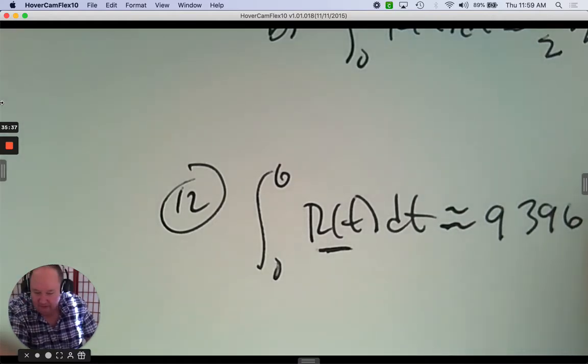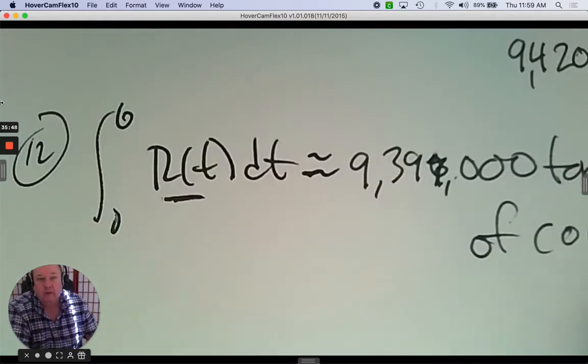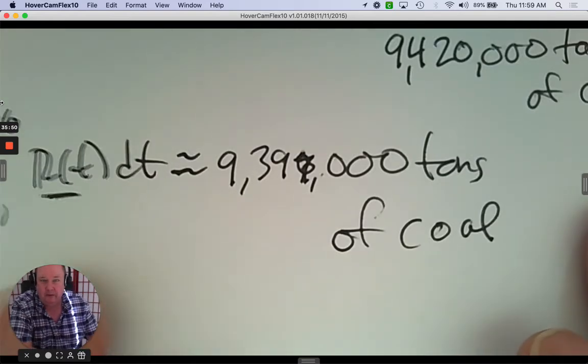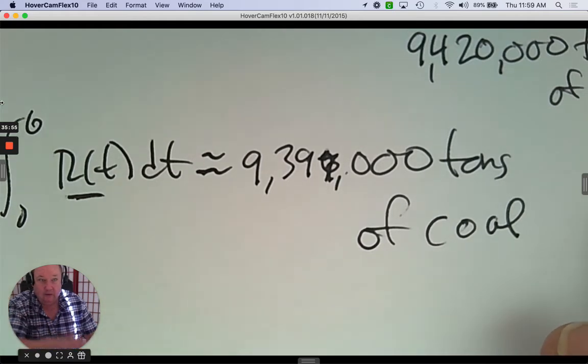And if it's to the nearest 1,000, it'd be rounded up, so it'd round up to 7. So it'd be 9,397,000. And that's how many tons of coal there'd be.